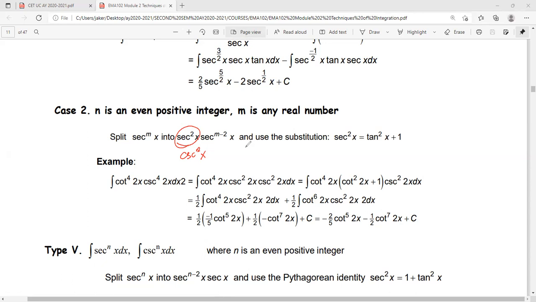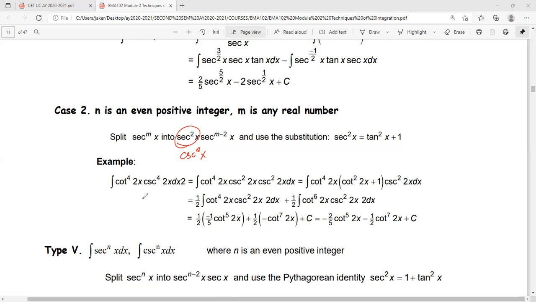The purpose, class, of course, I think you have already the idea. Why take away a secant squared or a cosecant squared from a secant function? It has a purpose. It will have to represent the derivative of the remaining functions that you have. It will be illustrated here below.